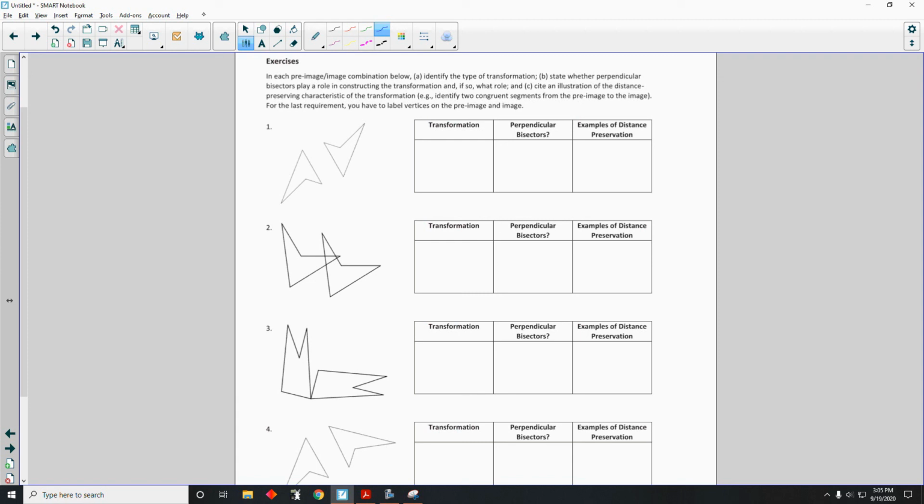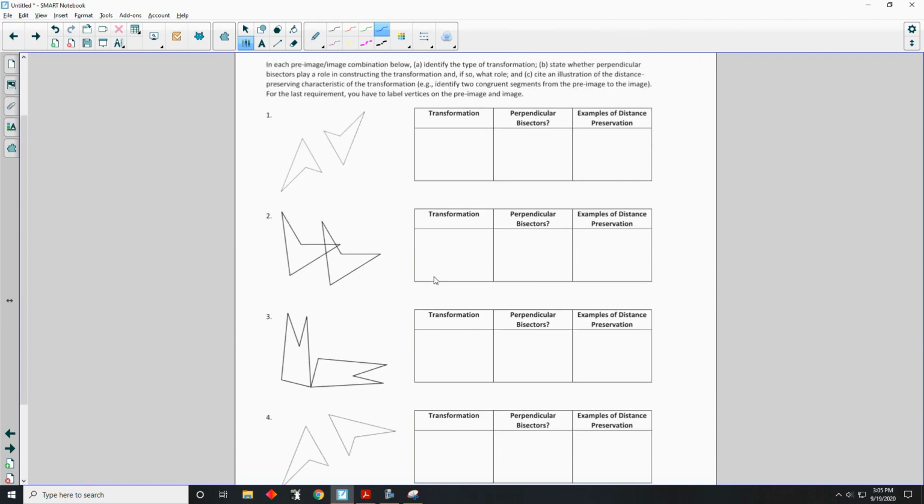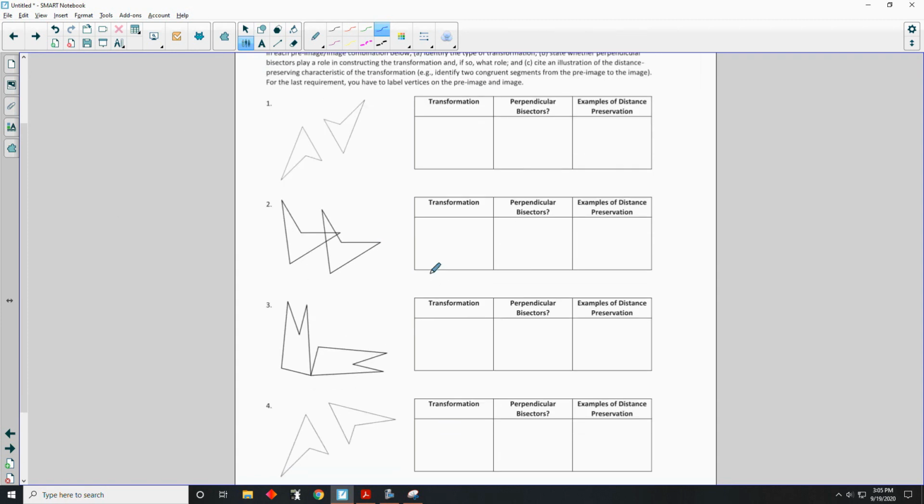And C, cite an illustration of the distance preserving characteristic of the transformation. For example, identify two congruent segments from the pre-image to the image. For the last requirement, you have to label vertices on the pre-image and image. So pause the video, do these 4 problems, and then unpause the video and check.